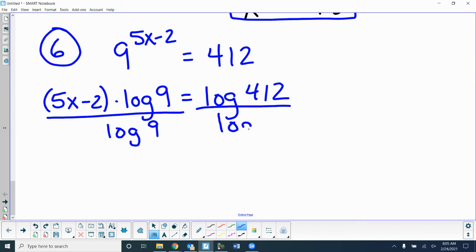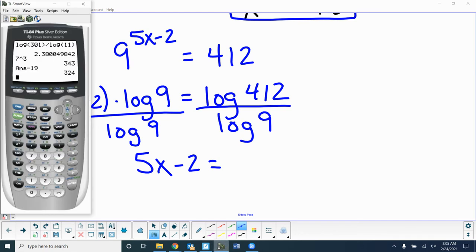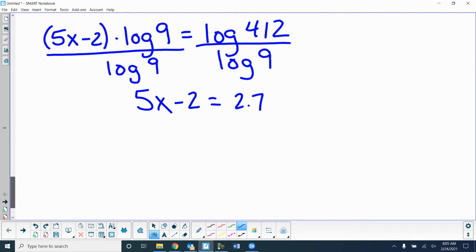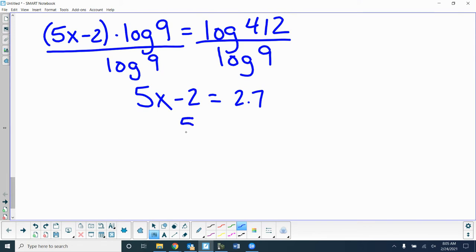And then you just have a pretty easy equation to work with. So log 412 divided by log of 9. 2.7. So then add 2 and divide by 5. I add 2 to 2.7, I get 4.7. Divide by 5.